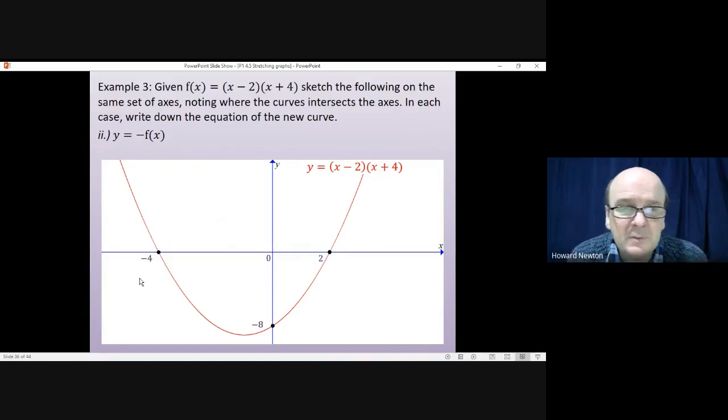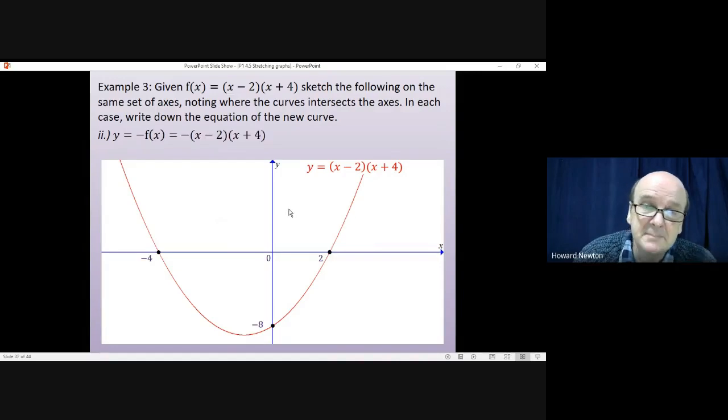If we have y equals minus f of x, now that's a reflection in the x-axis. Now, points on the x-axis are not going to move. So minus 4 will stay at minus 4, 2 will stay at 2. But this point is going to reflect in the x-axis. Minus 8 will reflect upwards and become plus 8.